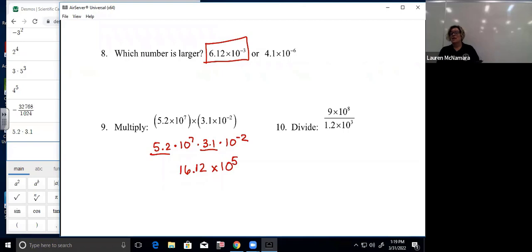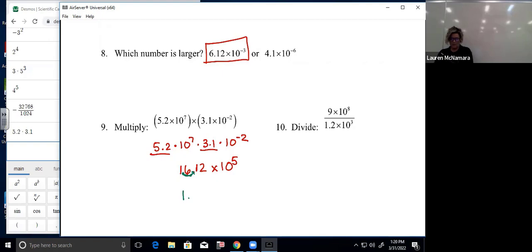Now I have to look: is my number in scientific notation? It's actually not, because what has to be true about my A? My A has to be between 1 and 10. It's not. So I have to move my decimal here, right?